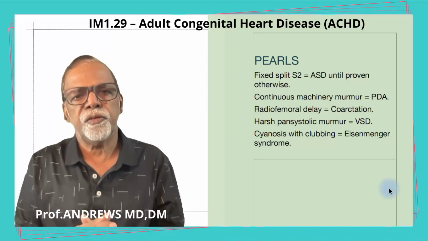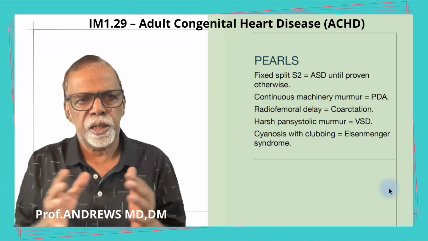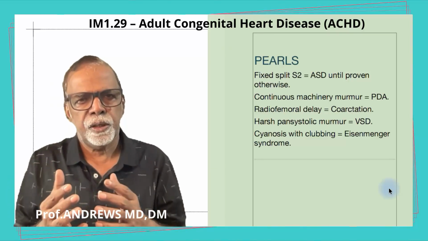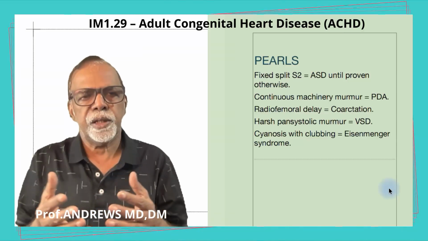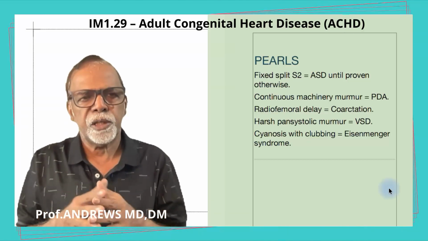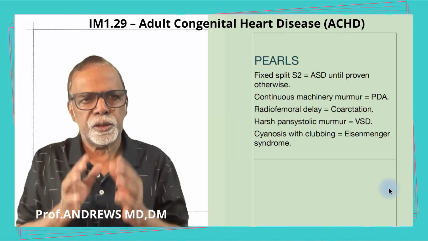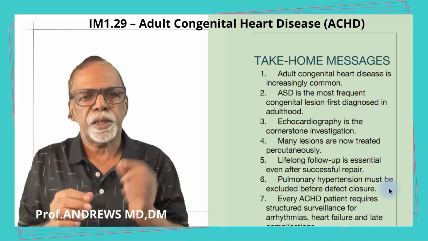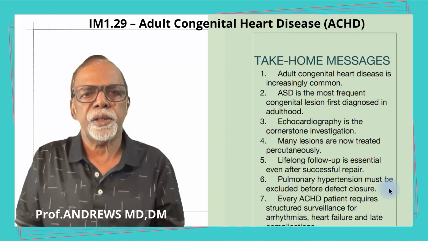Harsh systolic murmur, VSD. When VSD becomes Eisenmenger, the murmur may come down with the development of PAH. The shunt may get reversed as in Eisenmenger syndrome, and there may not be much murmur. The only finding will be that the patient has cyanosis with clubbing, pulmonary hypertension and a single second sound. So cyanosis with clubbing is Eisenmenger syndrome.